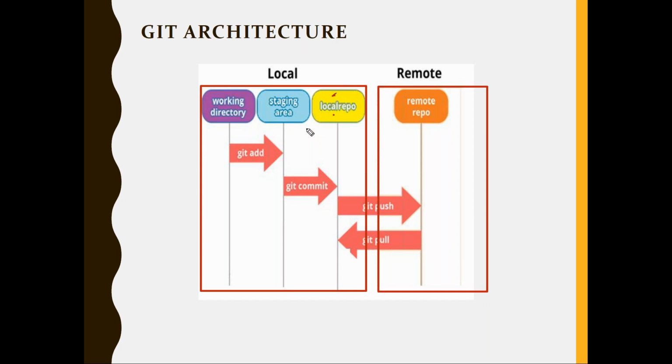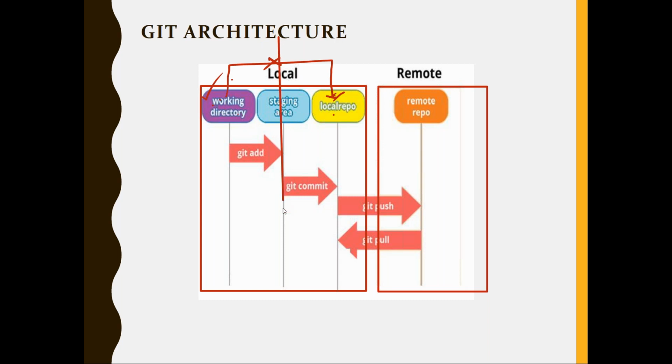You don't work directly here. We work in some other folder, some other directory. Once you have done the work there, you cannot straight away push the changes to local. This is not allowed. Rather, there is another layer called the staging area.